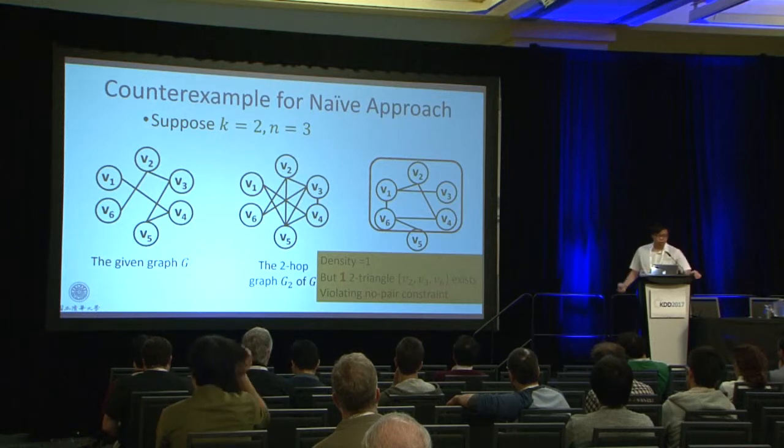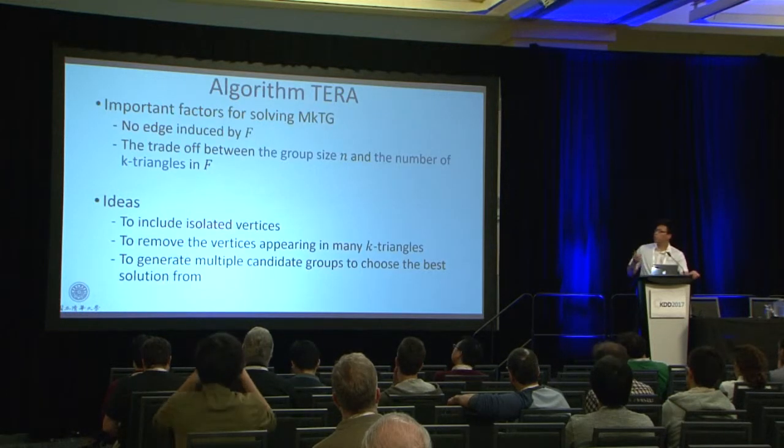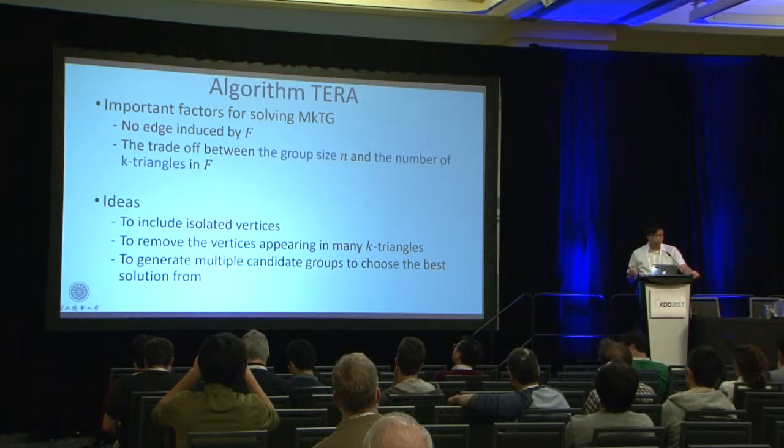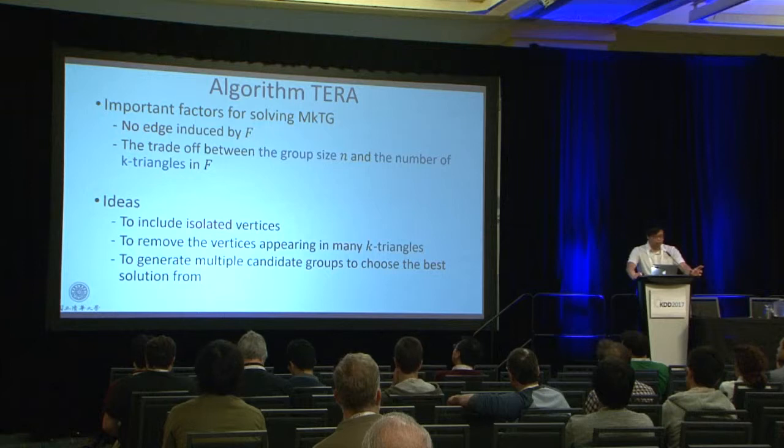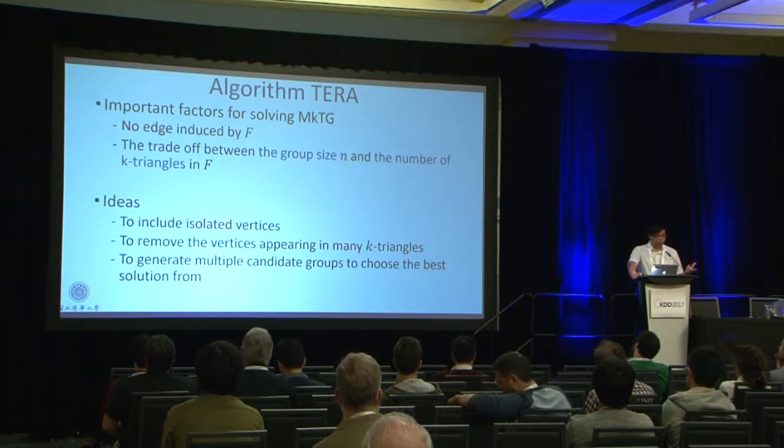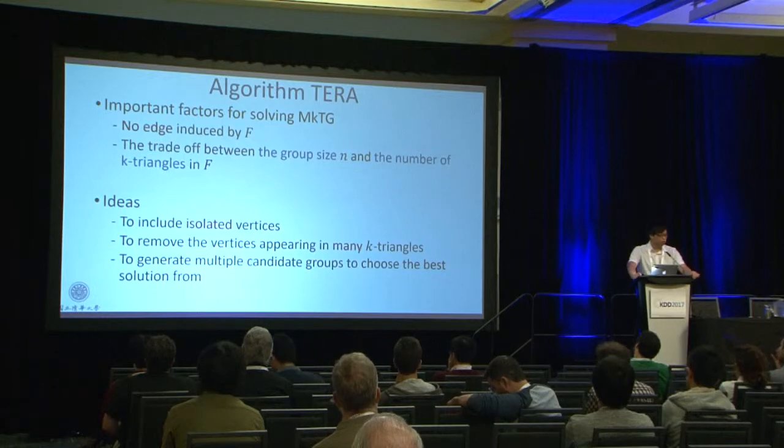So to address this, we propose an algorithm called TERA that tries to tackle important factors of MkTG. The idea is that we try to include isolated vertices, we try to remove the vertices appearing in many K triangles, and we try to generate multiple candidate groups to choose the best solution from.